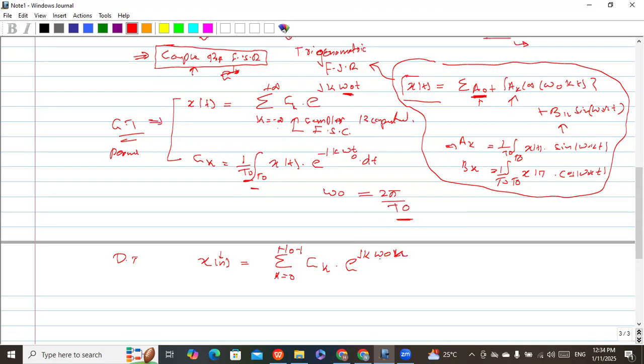Sometimes this omega is represented in capital form also. That is just the symbol we use, but the theory is the same. This omega naught is equal to 2 pi divided by N naught, where N naught is the fundamental period of the signal.